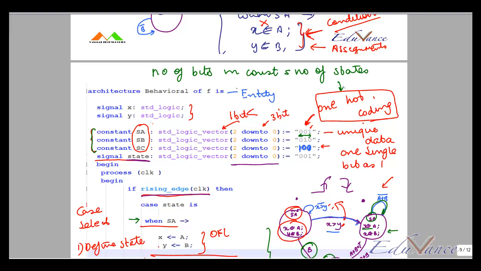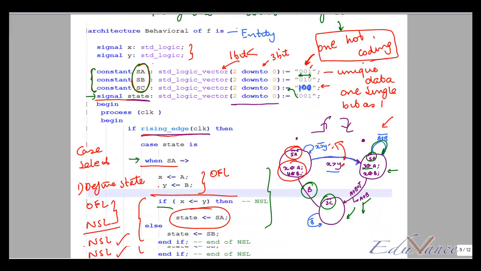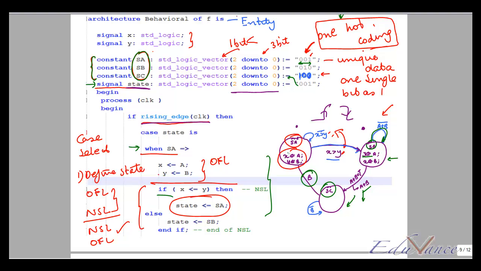Then the size of the signal which will hold these constants will be equal to the size of the constant. Okay, makes sense? Then I will define each state as a case, and inside those states I will define my OFL and my NSL here.